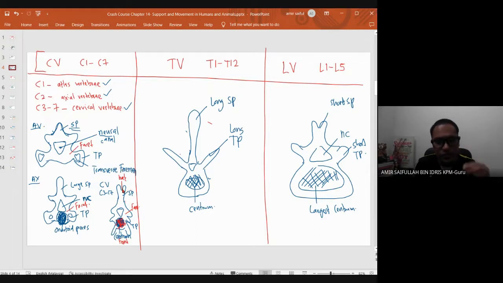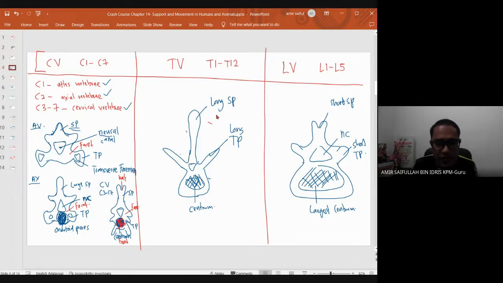Yang C3 to C7 all has long spinous process, all has facet, okay, all has transverse process, got centrum, but centrum is very small. And then because small lah, sebab dia tak memerlukan, dia tak perlu support orang lain. Kalau yang bawah punya kena support, sebab tu centrum besar. Okay, next.